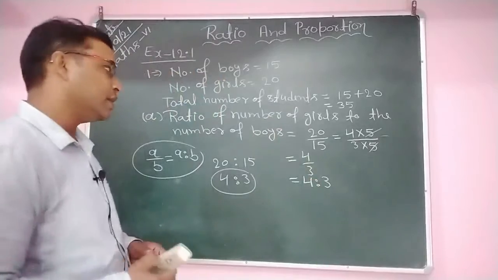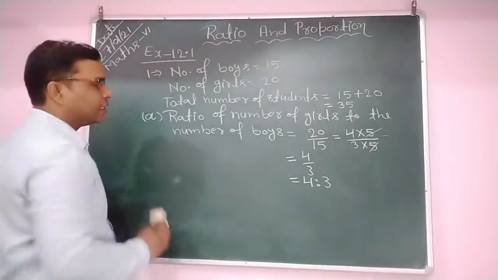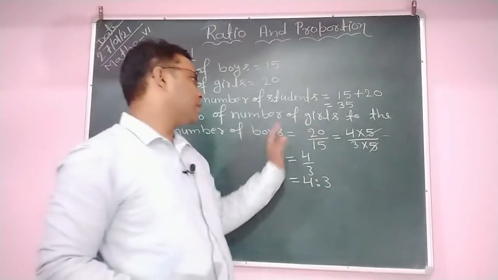This is clear. So the ratio of the number of girls to the number of boys is 4:3.